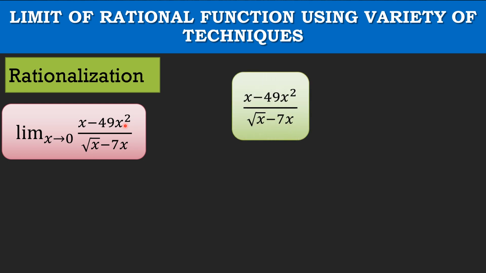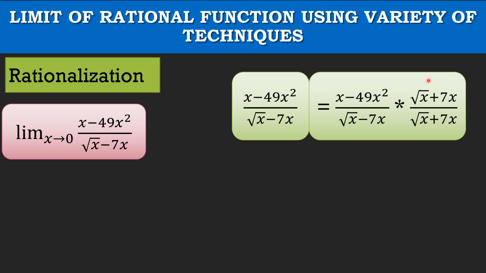So, copy your function. Then, we will multiply this by 1. And that 1 is square root of x plus 7x over square root of x plus 7x. The question, saan galing yung square root of x plus 7x? Your reference here is your denominator. We will take the inverse operation of your denominator.